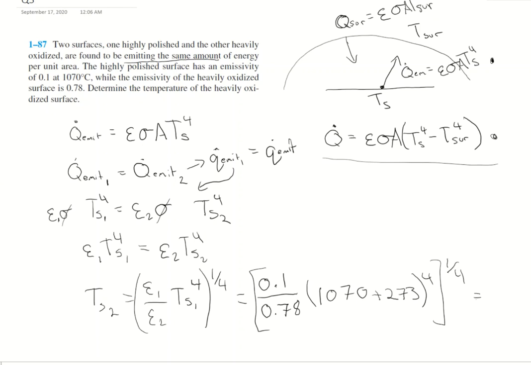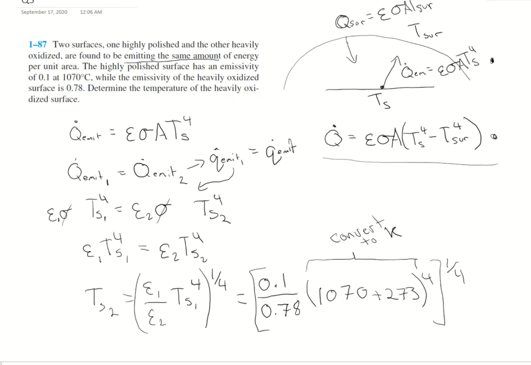And this is equal, oh, actually, just say one step here. You'll notice that this has this plus 273. So we need to convert to Kelvin. Anytime we're dealing with radiation, we're dealing with this to the 4, and so we're always going to have to use Kelvin.